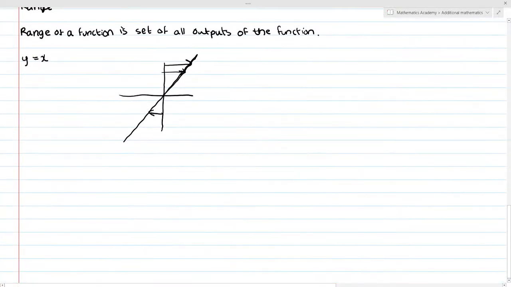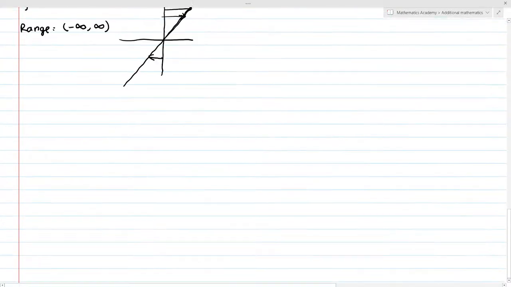So in this case, the range of this function, y equals x, is just all of the real numbers. So all of the decimal numbers, basically. And so the range in this case, using the notation we introduced above, is just from negative infinity to infinity, like this.